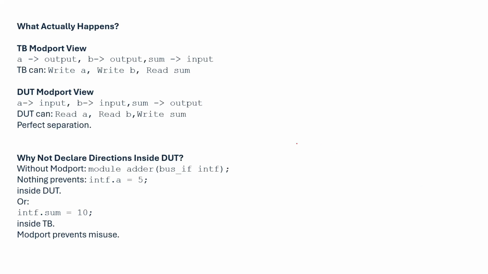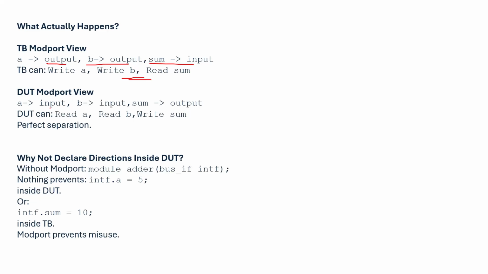This is the view of what actually happens inside the modports. A is an output, B is an output, sum is an input. So the TB can write A, write B and read sum. Internally it looks like that.